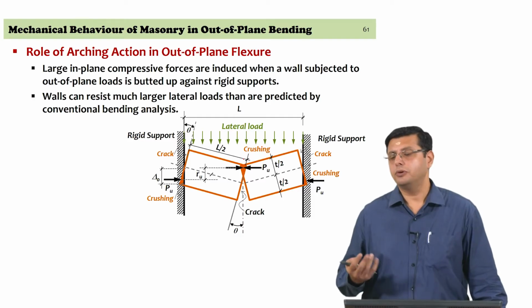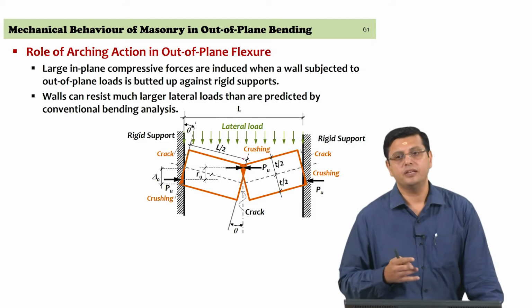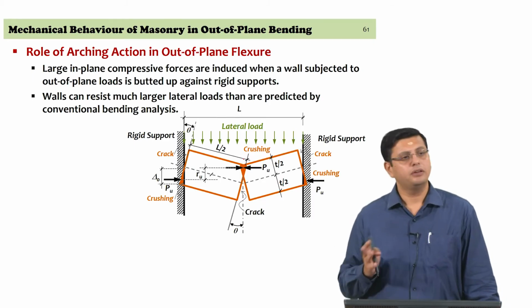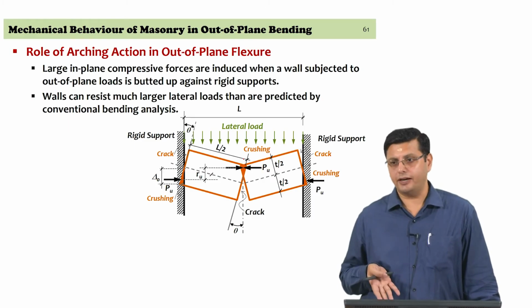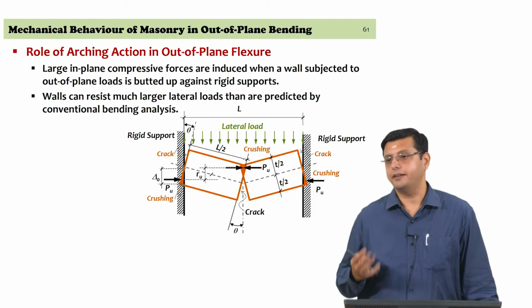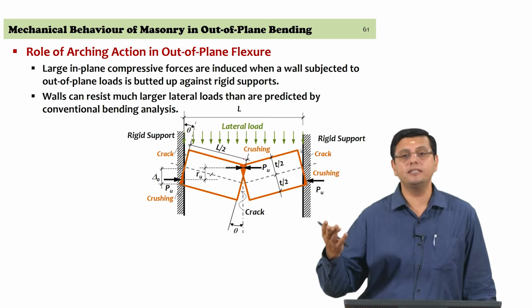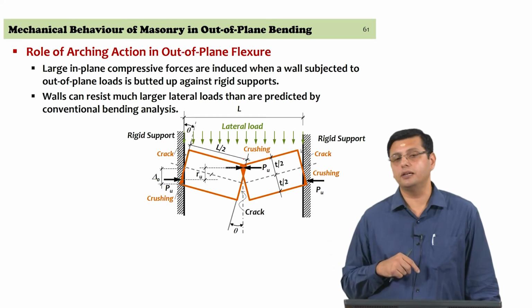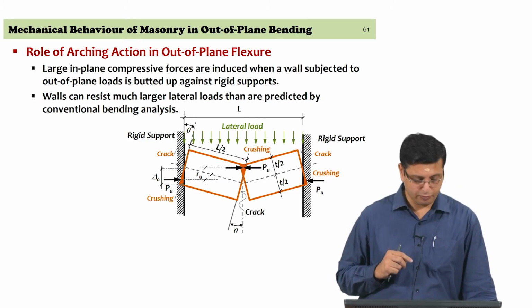If you were to use the conventional bending analysis, which we saw for the vertical bending scenario, for the horizontal bending scenario and compare, you will see that there is a significant increase in the load carrying capacity, and that is one of our exercises. You will check what kind of augmentation you get if you consider rigid arching action as a contributory factor to the lateral load carrying capacity of the out of plane wall.